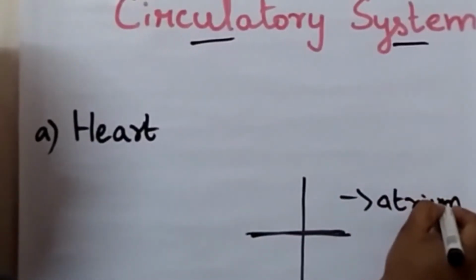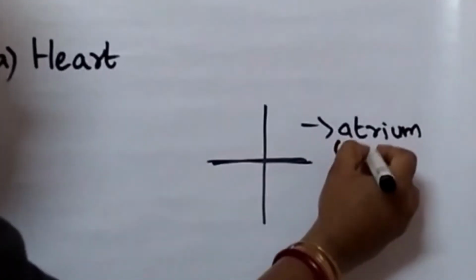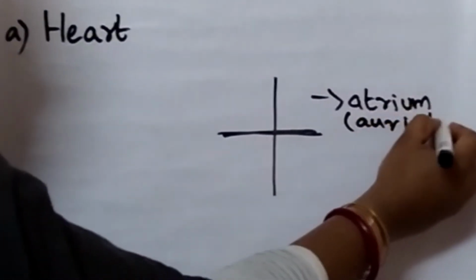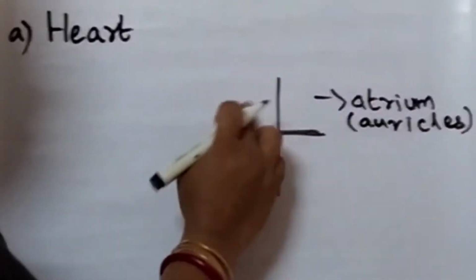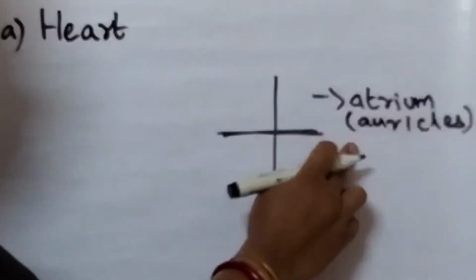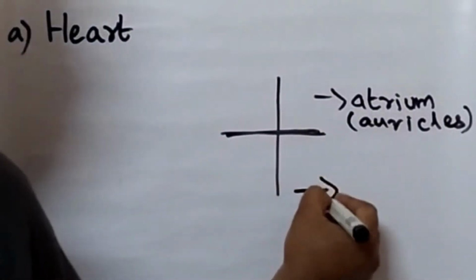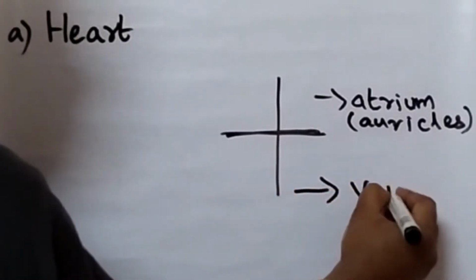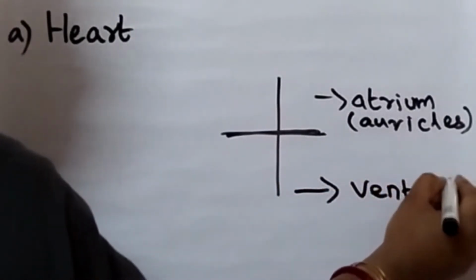The upper chambers are called atrium or auricles. The lower chambers are thicker chambers called ventricles.